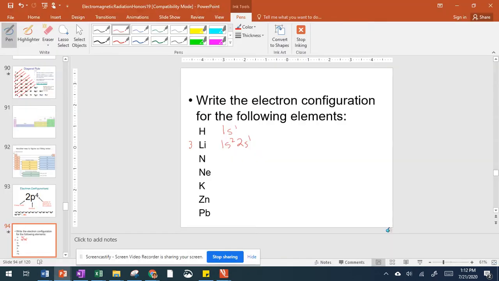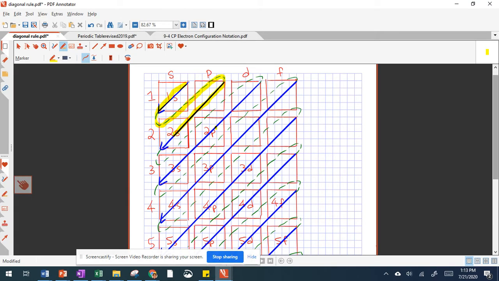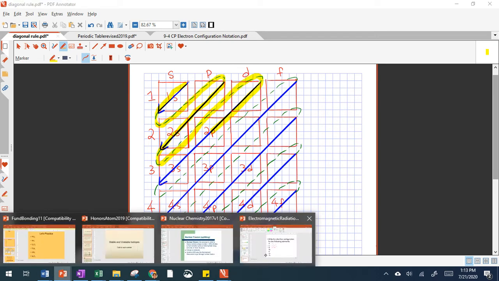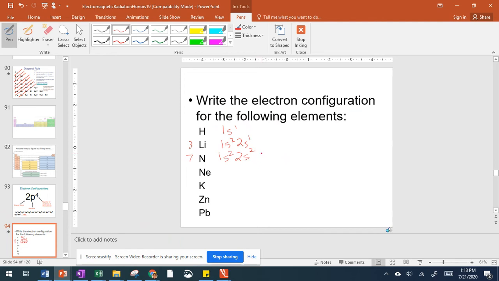So let's do another one. We have nitrogen. Nitrogen has an atomic number of 7. So we have 1s2, 2s2. This adds up to 4. We have 3 more. We look at our diagonal rule. We see that after 2s is 2p. So let's go back. And then we have 2p, and that would be 3.